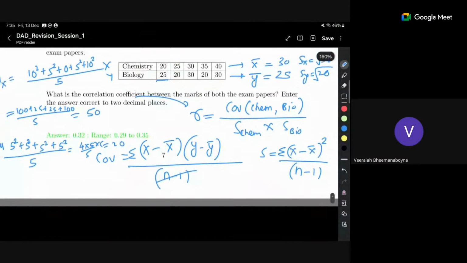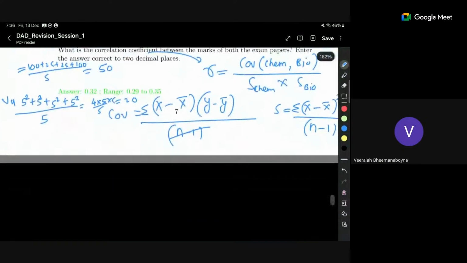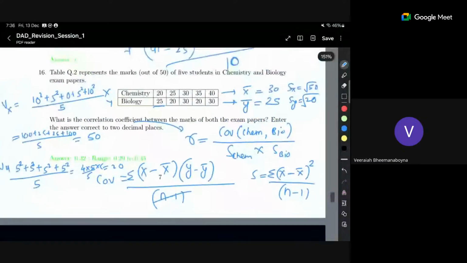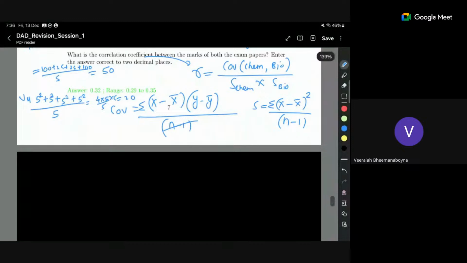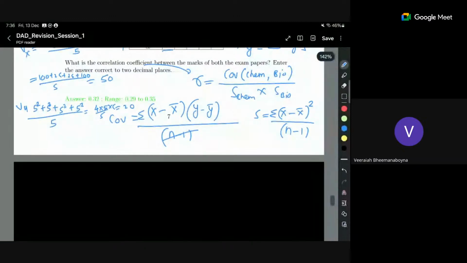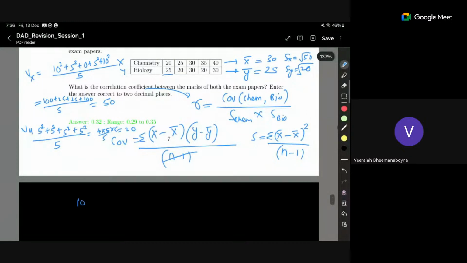Then with covariance, what you have to do is, for this last question, I can maybe write here as well. You have to subtract the mean from each. So let's say 20 minus 30 is minus 10.